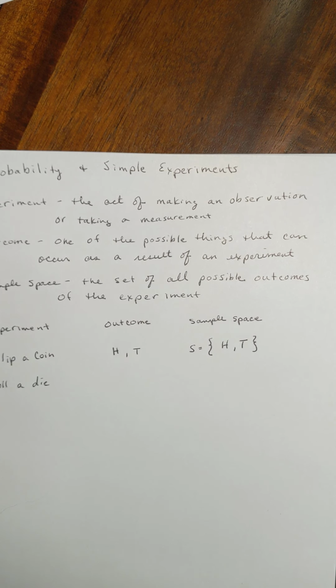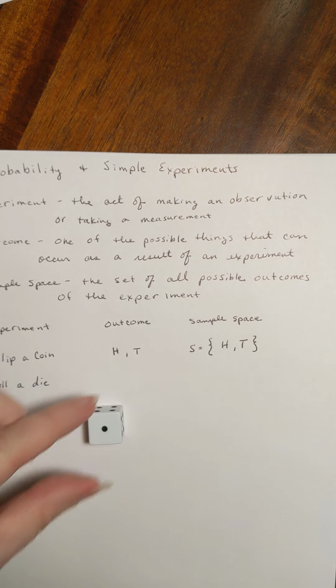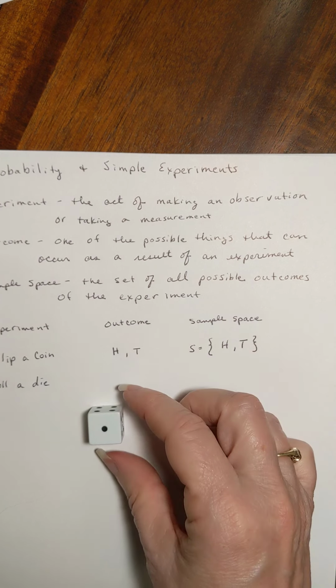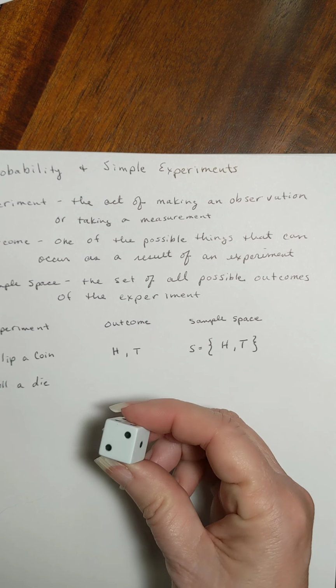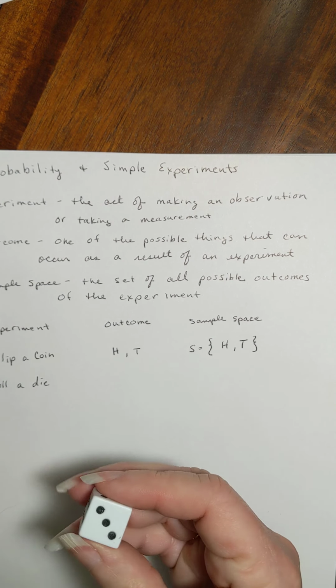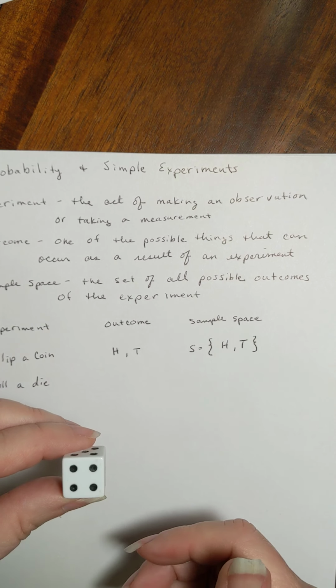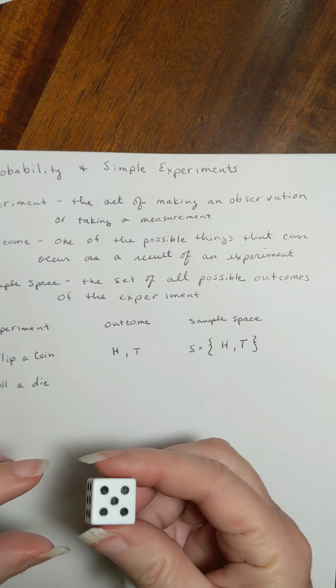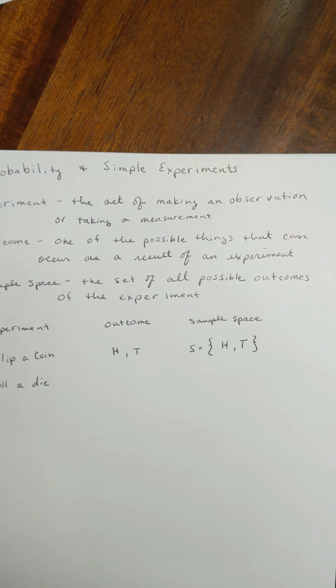This is how you say the single form of dice. Here I have a die, and notice you can have a 1 or a 2 or a 3 or a 4 or a 5 or a 6 come up.